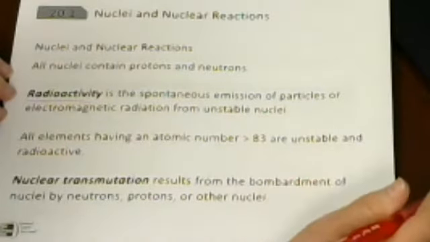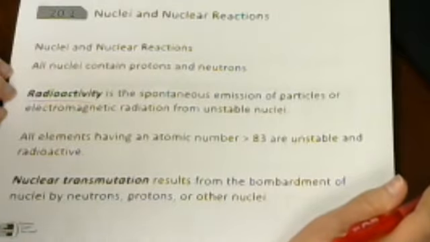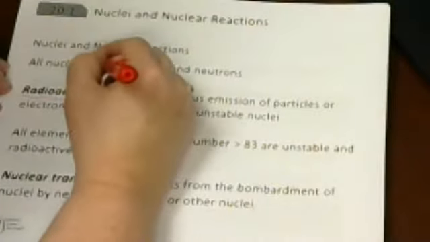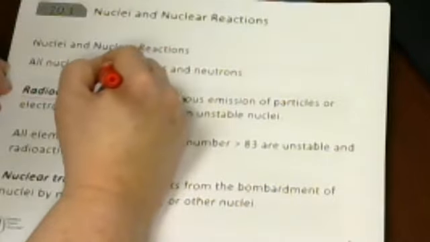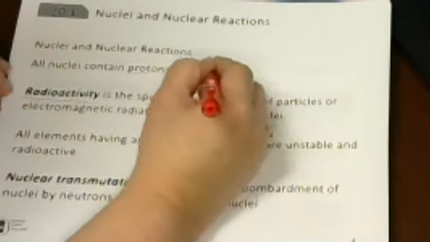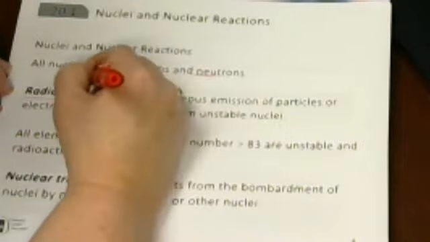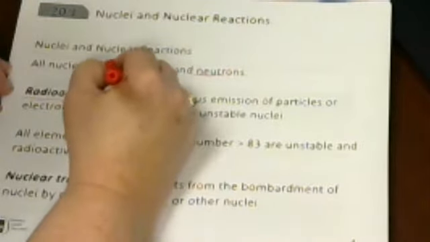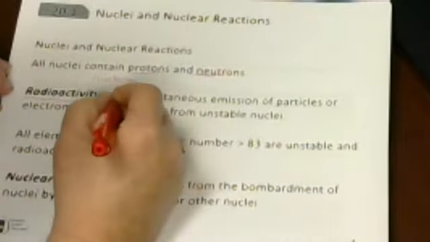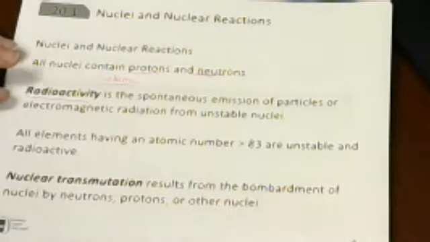You know that atoms contain protons and neutrons in their nucleus, and those are called nucleons. If it's in the nucleus of an atom, it's called a nucleon.